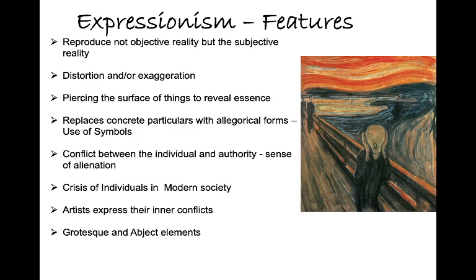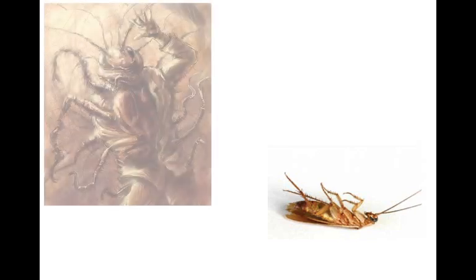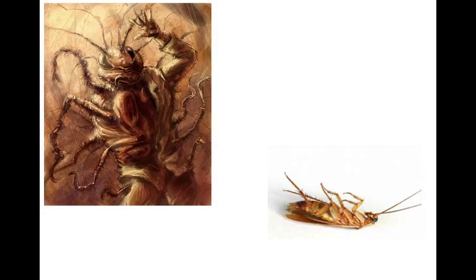And along with that, the conflict between individual and authority forms a key aspect of expressionism. And we see expressionism inverting the concepts of aesthetics of earlier artworks. It introduces the features of grotesque and horror elements merged with real life.